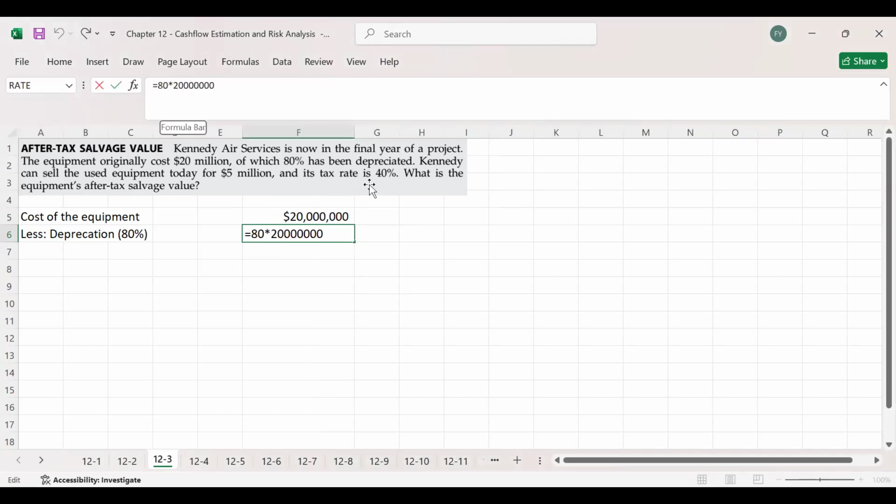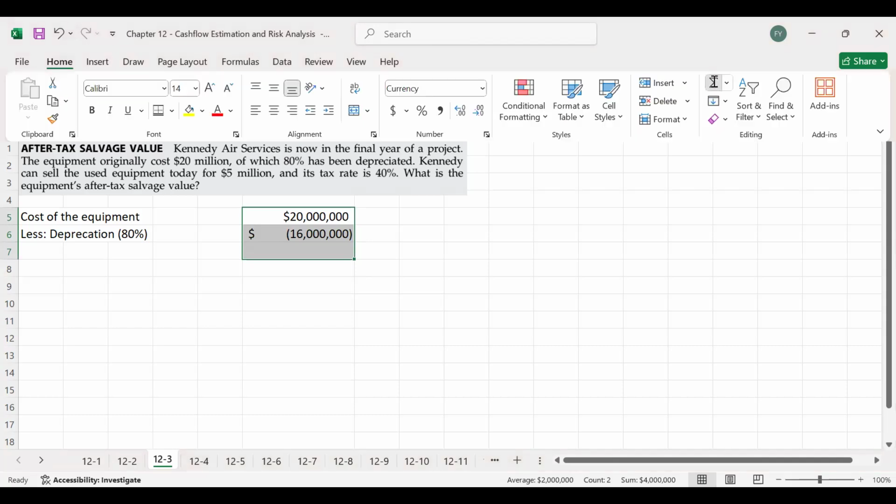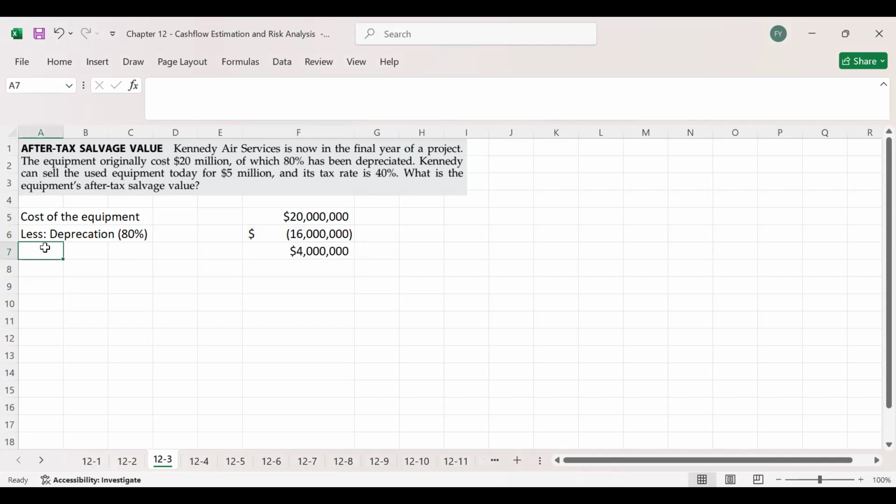And we deduct it from the cost in order to get the book value. So the book value is 4 million. This is the book value.